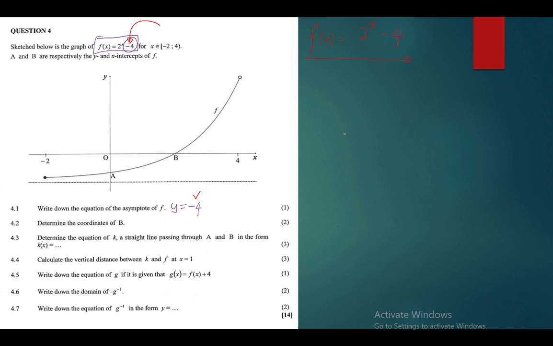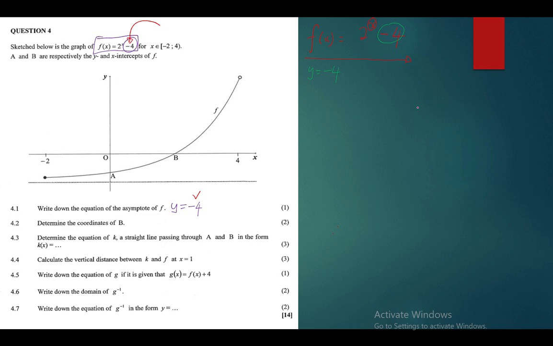How can we sketch this f of x? Okay, remember that this is the exponential function. You see that x is the exponent, it is the exponential function. So the first thing that I want you to go for is the asymptote. Exponential function has got only y asymptote, and we said this is your y asymptote. So the equation of the asymptote is y equals negative 4.